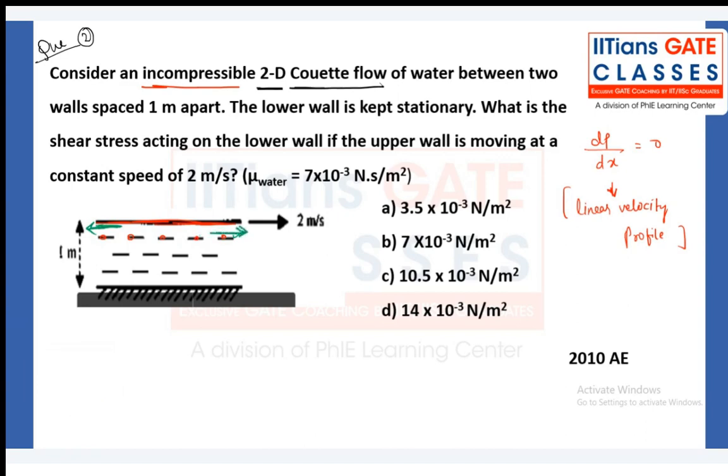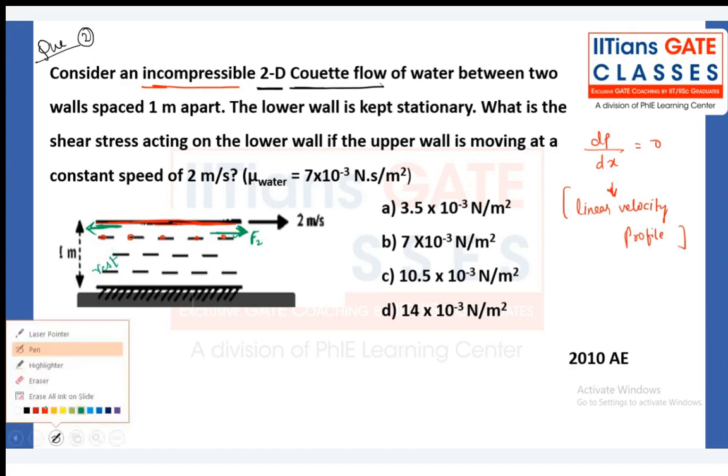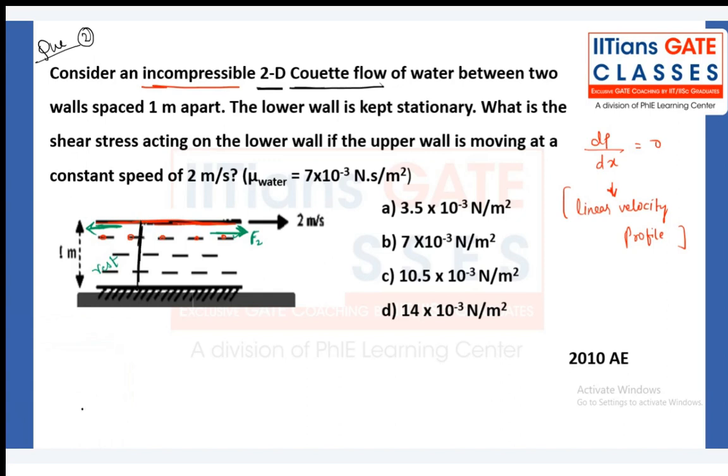They apply a force like this, and by Newton's third law, it applies a force like this, and this force F2 becomes the driving force for the fluid particles and drives the fluid. The fluid at rest starts moving. So now we are assuming the velocity profile, for the time being, as a linear velocity profile.